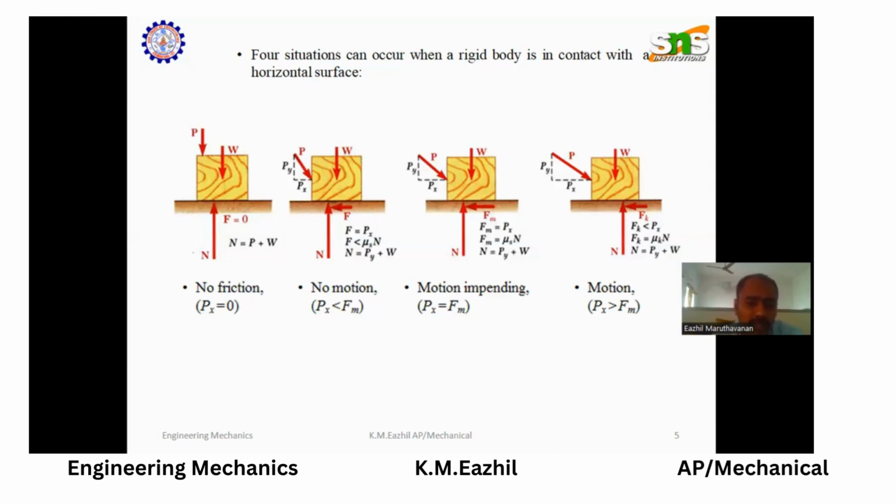When the applied force is lesser than the frictional force, the object will be at rest, with no motion. About to move, that is impending motion, the condition is Fm is equal to mu s into N, and the applied force will be equal to the frictional force. Whereas for the last condition, when the object is in movement, the applied force will be greater than the frictional force, with Fk equal to mu k into N.